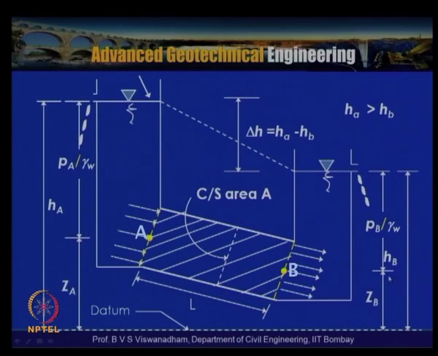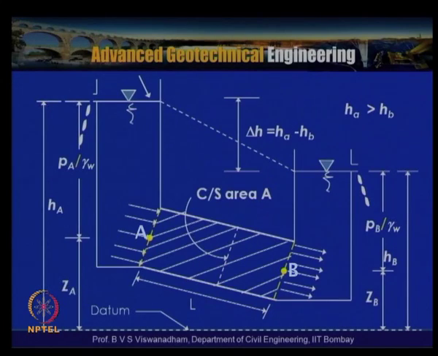Point B has an elevation head of ZB and a pressure head of PB by gamma_w, so the total head is PB/gamma_w + ZB, which is indicated as hB, and here the total head is PA/gamma_w + ZA, indicated as hA.